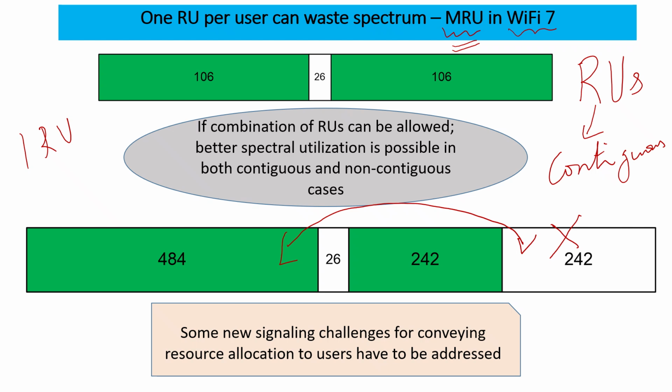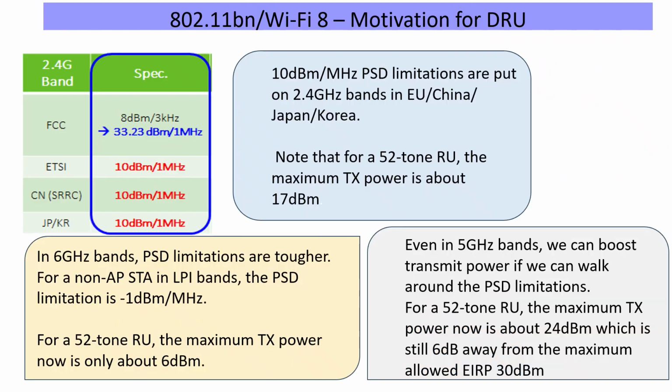What does Wi-Fi 8 think about in terms of advancing the OFDMA story? So Wi-Fi 8 noticed that 6 gigahertz in some countries, like in the US, had a challenge that the clients were PSD limited in some LPI deployments to certain PSD, which gave them only limited power in uplink OFDMA transmissions.